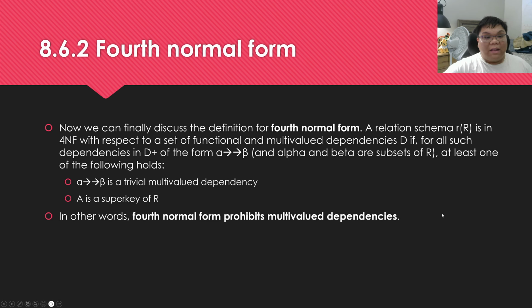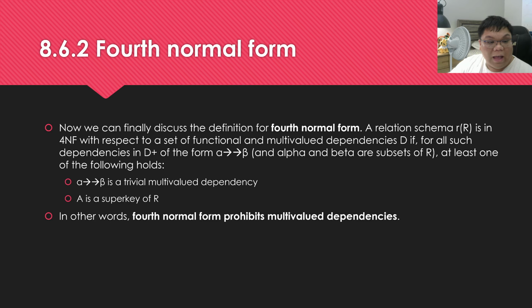And now we can finally look at the definition of fourth normal form. A relation schema R is in fourth normal form with respect to a set of functional and multi-valued dependencies D if for all such dependencies in D plus of the form alpha double arrow beta, where alpha and beta are subsets of R, at least one of these holds. Alpha double arrow beta is a trivial multi-valued dependency, or alpha is a superkey of R. I think I wrote this wrong.